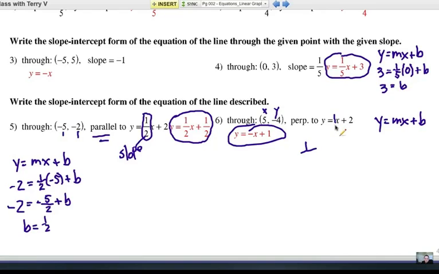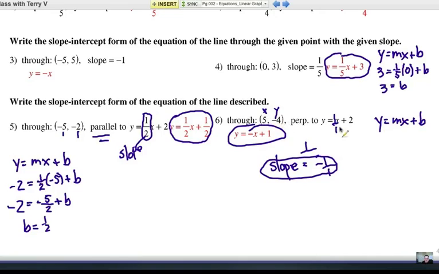So what's the negative reciprocal of positive 1 over 1? That'd be negative 1. So the slope of the line we want is negative 1 over 1, or just negative 1. Now we're going to substitute that in there.